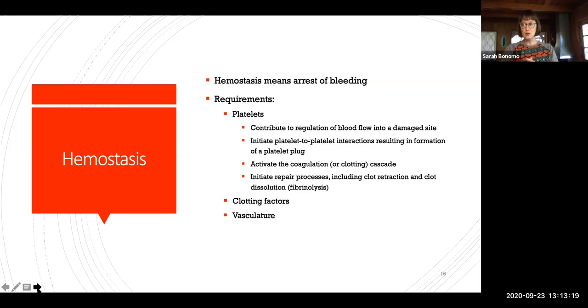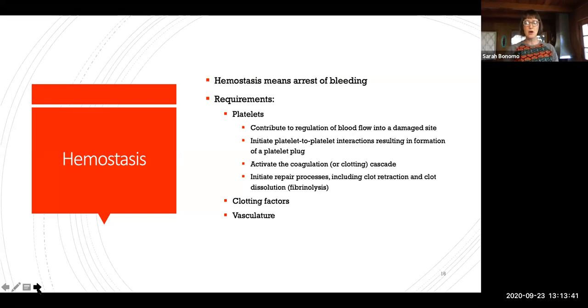Platelets will also help to activate the clotting cascade, and then help to initiate the repair process, including clot retraction and clot dissolution, which is the dissolving of a clot. The fancy word for that is fibrinolysis.